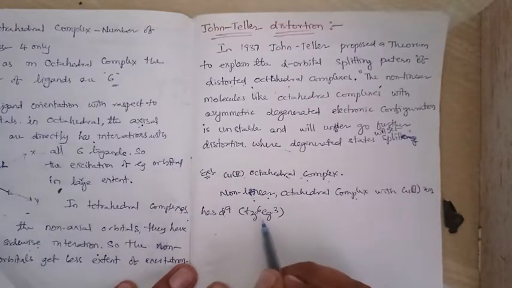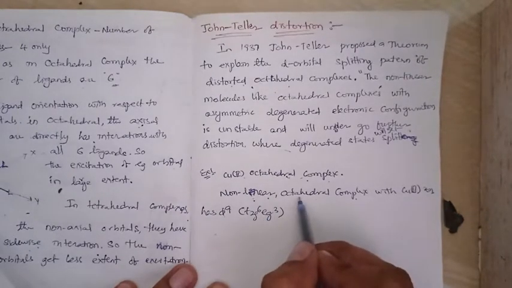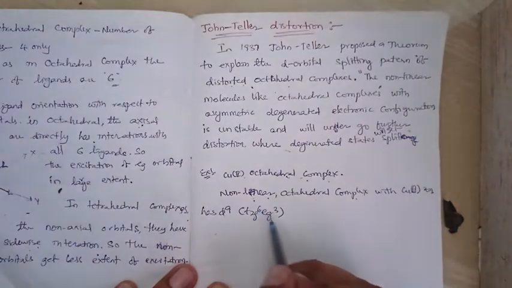When it undergoes the general splitting pattern of octahedral, it will have t2g6 eg3.